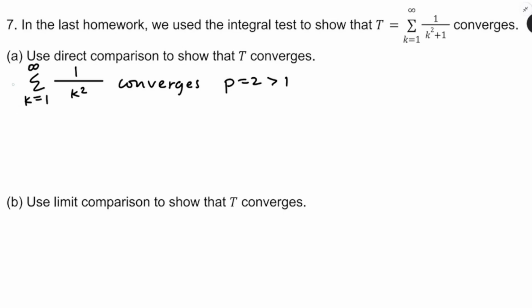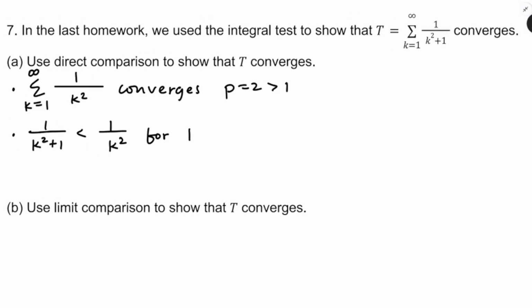Then we're going to do direct comparison. The terms of 1 over k squared plus 1 are properly less than the terms of 1 over k squared when k is greater than or equal to 1, since t starts at 1. And as a result, I know that t also converges.